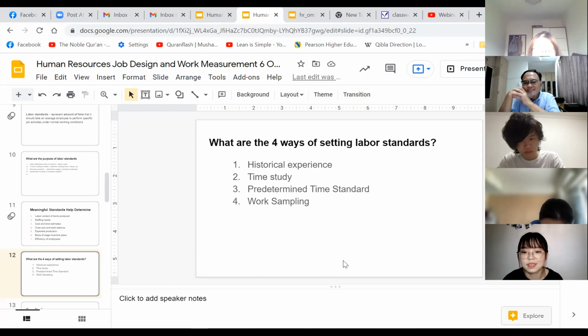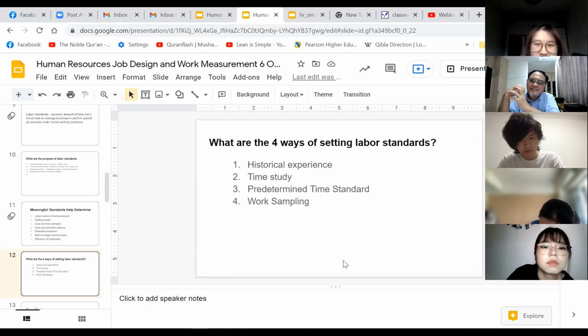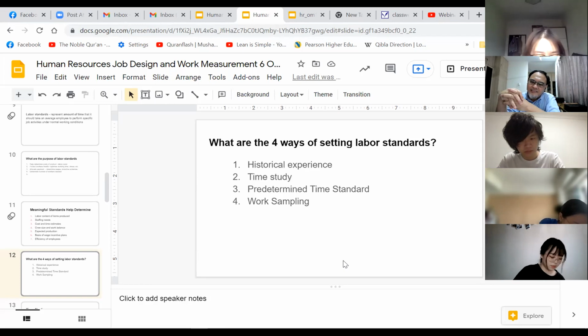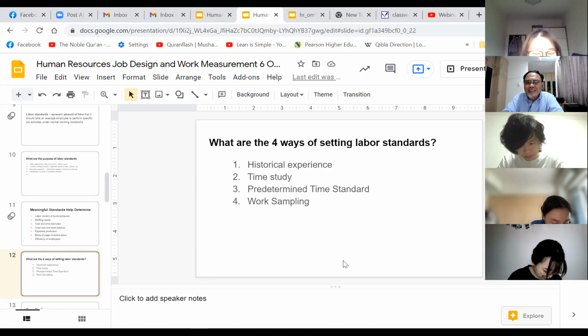Like the other workers, like the example the professor has given about the Shinkansen cleaning, a worker uses the fastest time to clean the Shinkansen. That is established using number 2, time study. It will be about maybe other companies' experience, the history data.